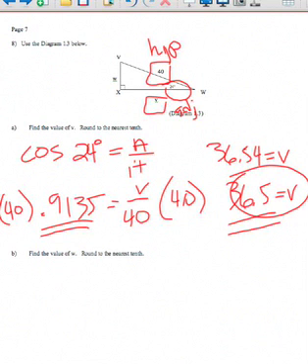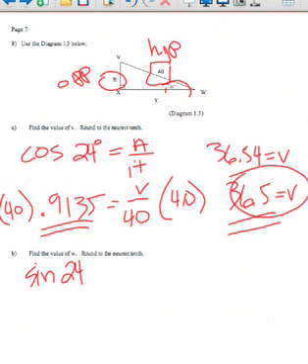This time W, we don't want the adjacent of 24, we want the opposite. And what uses the opposite and the hypotenuse? The sine. So the sine of 24 degrees should equal the opposite over the hypotenuse. Sine of 24 is 0.4067.